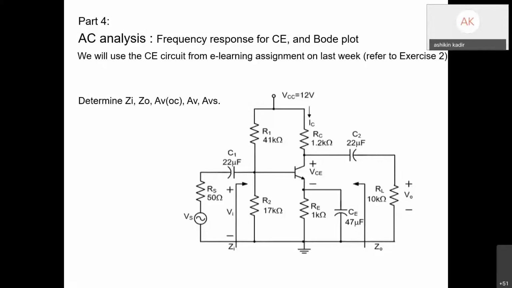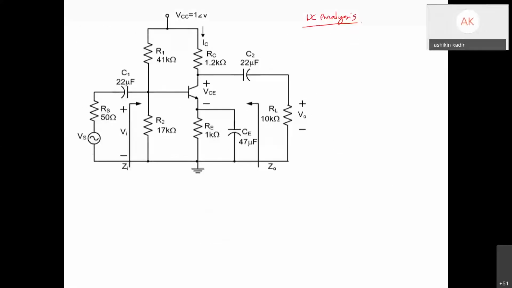The question just wants ZI, Z out, and gain again. Because if we want to find ZI, Z out, and gain, we need to find the IC. The IC during DC analysis is the same as the IC during AC analysis.